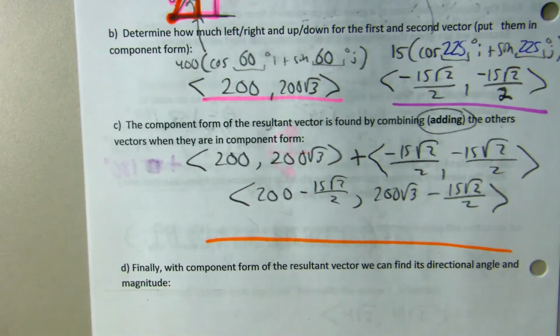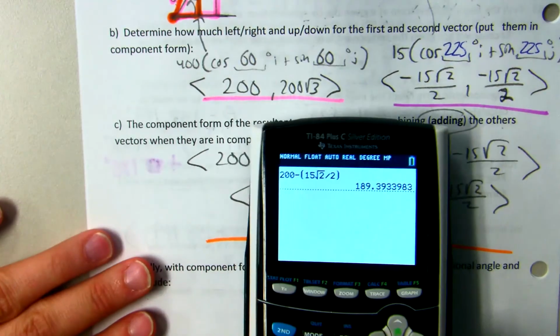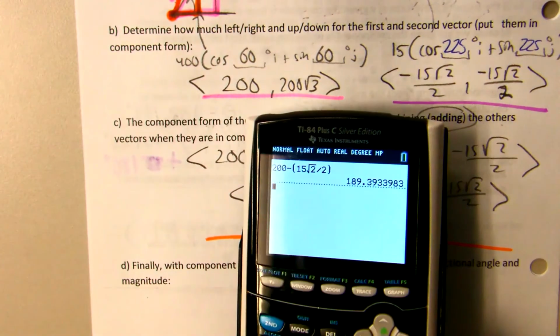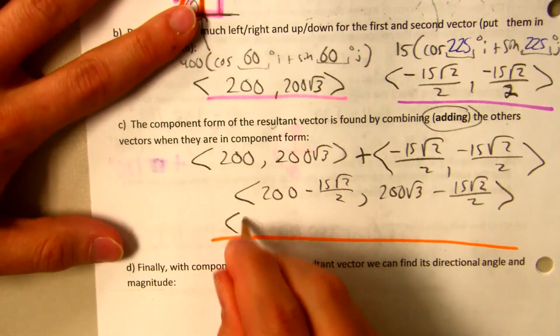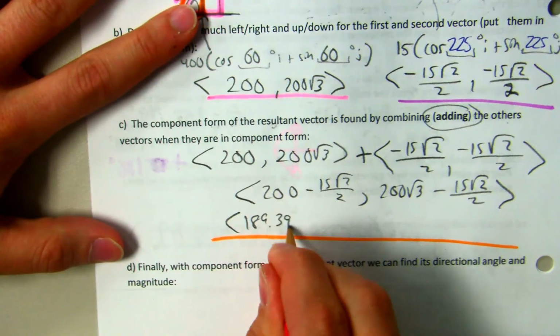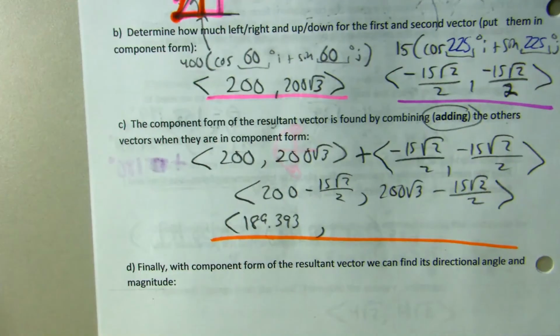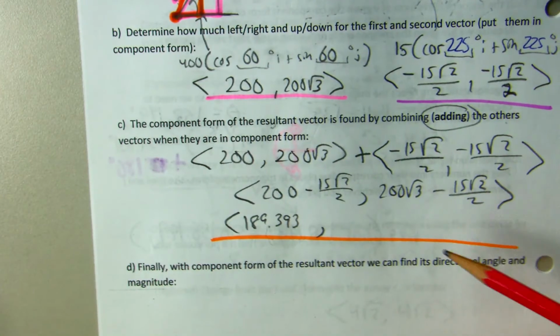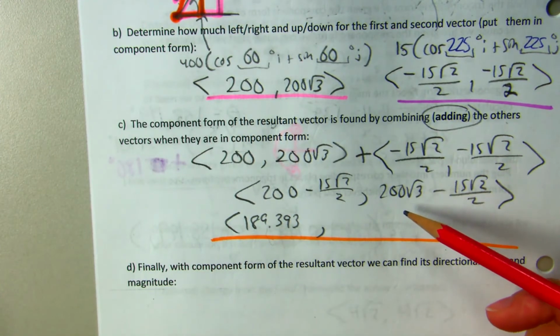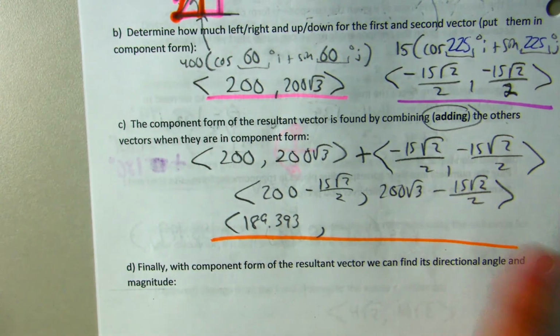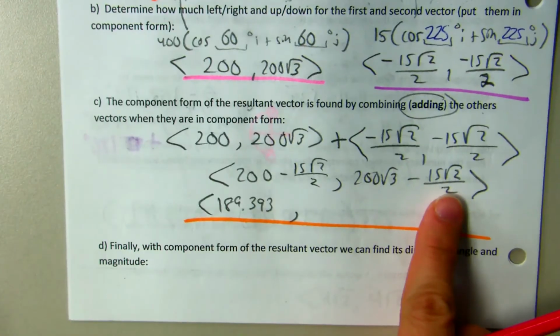So, it's like going 200 miles per hour to the right. I'm doing about 189 miles to the right. And instead of doing 200 square root of 3 north or up, the wind was in our face, so it's slowing us down a bit.